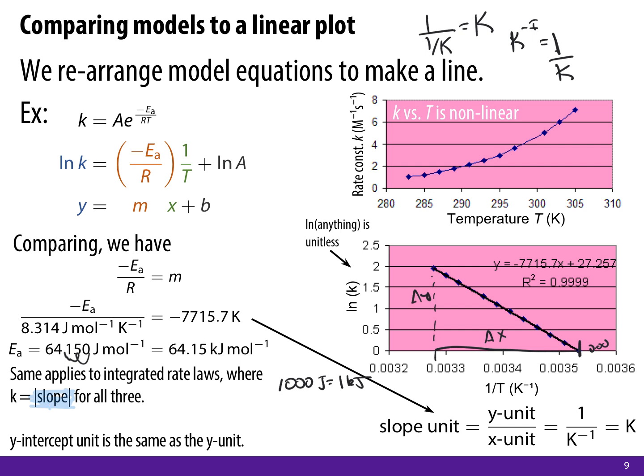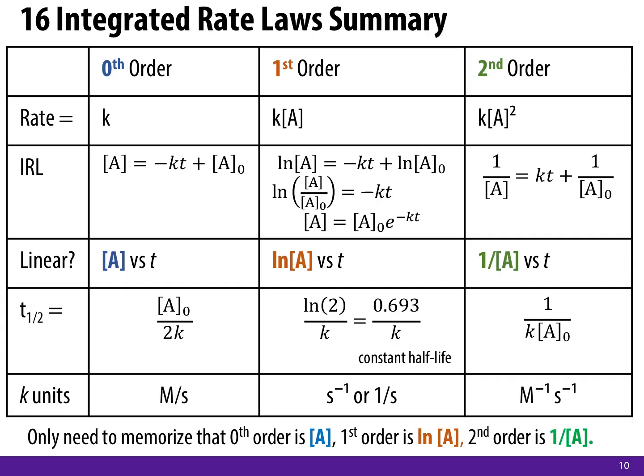So I can find the slope, make it positive, and deal with the units properly, and that's going to give me K for whichever version of the integrated rate law, or for whichever plot happens to be the linear one. So this is that summary slide from integrated rate laws.